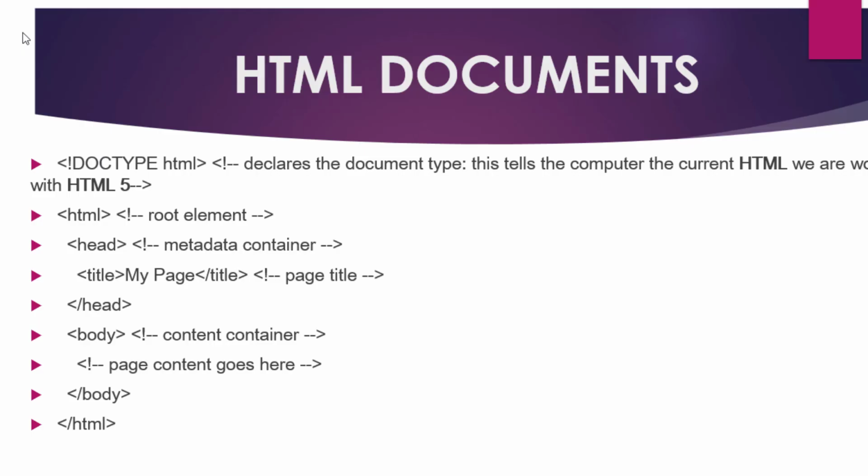All right. Whatever is inside the head cannot be seen by your users. Whatever is inside this head tag cannot be seen by your users, except it's inside the body tag. And that's why all our contents will be going directly inside the body tag.